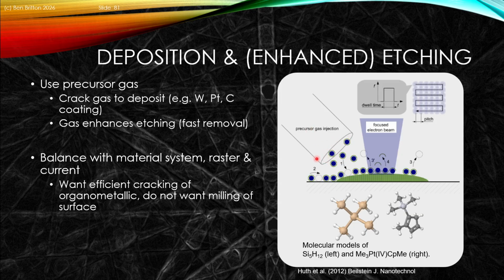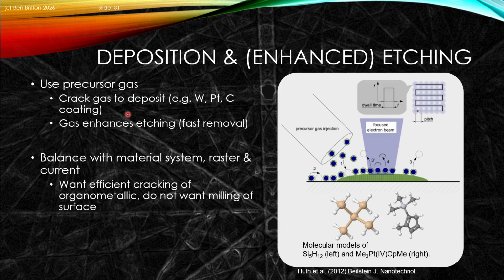In the deposition process, that precursor gas can absorb on the surface of our material, and then the electron or ion beam can effectively crack and break up this organic precursor to deposit it on the surface of our material. By flooding the surface of material with a suitable partial pressure of gas and scanning the beam across, we can effectively draw or write across the surface of our material.